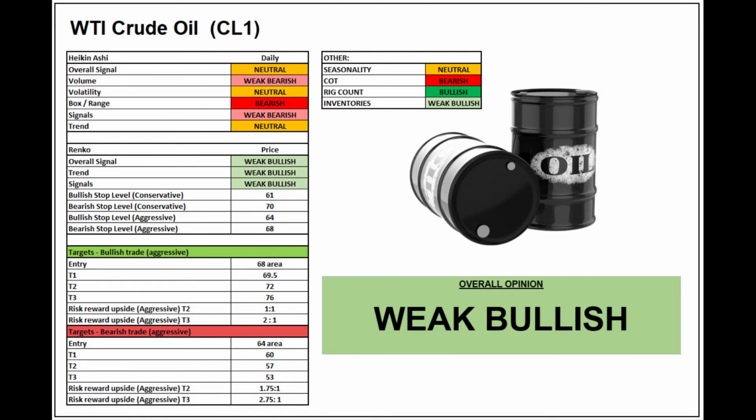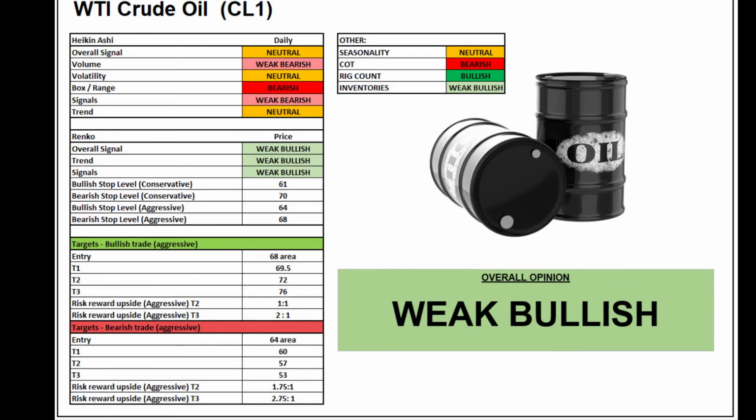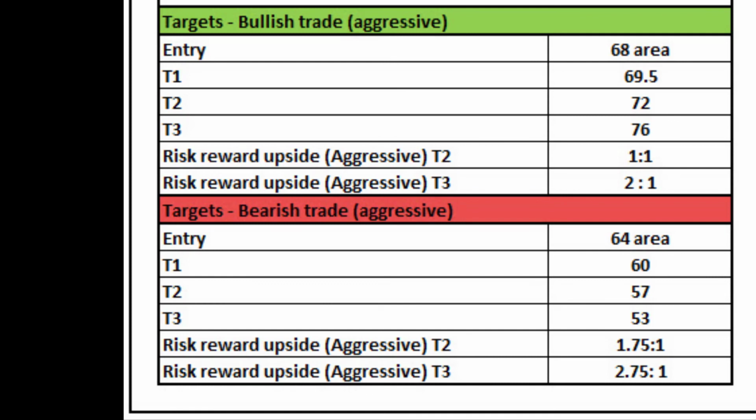The Renko was more bullish in the shorter term compared to the Heikin Ashi, that I would say is probably more neutral overall, even with a slight bearish tinge to it. But if we're focusing on the signals, it looks like the downside has more risk return available to it than the upside.